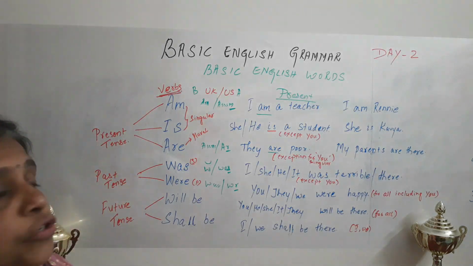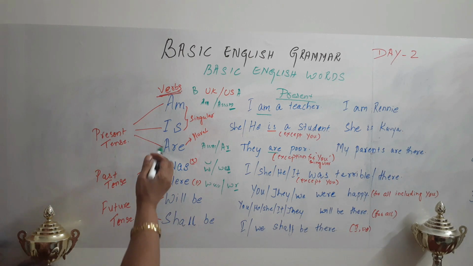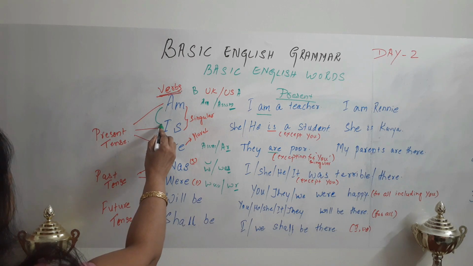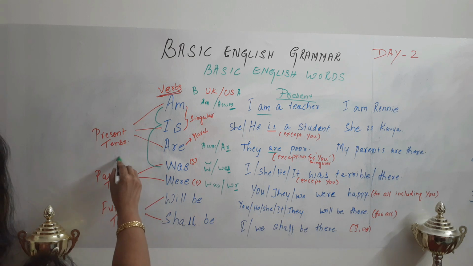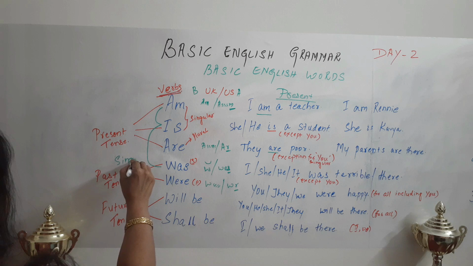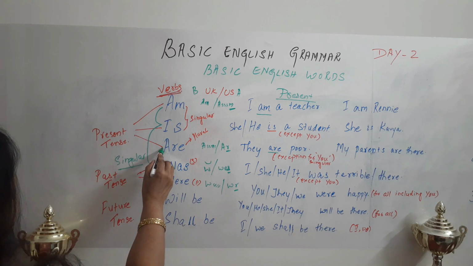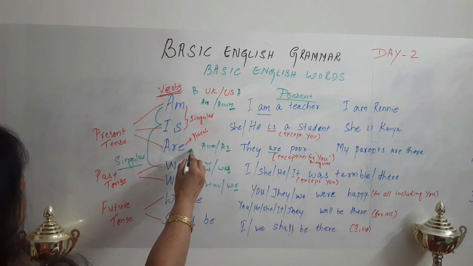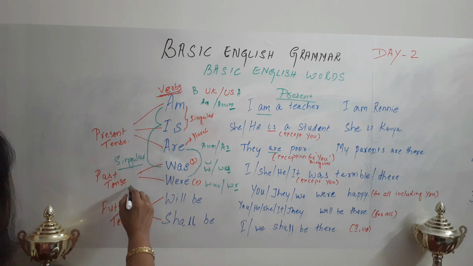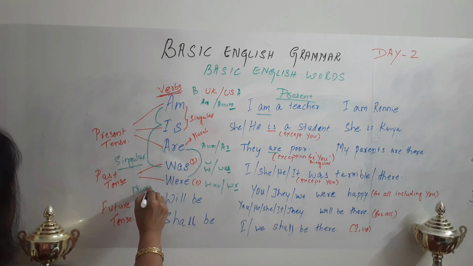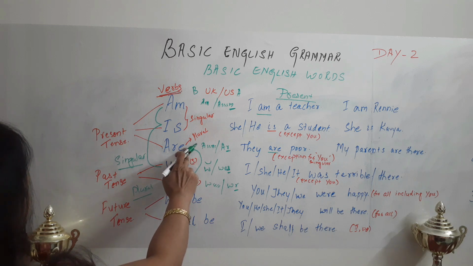And dear friends, you should remember that "am", "is" and "was" are singular, and "are" and "were", only these two, are plural. We use these two for plural.